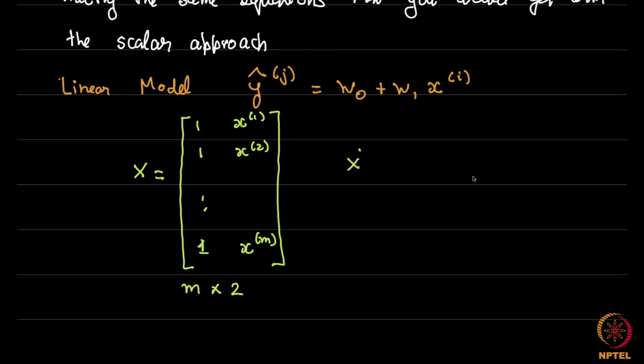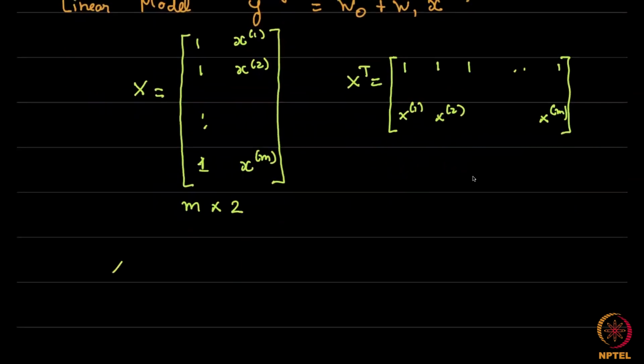What is X transpose? X transpose is, of course, the transpose of this matrix: 1, 1, 1, x1, x2, up to xm. Now, suppose we want X transpose X. X transpose is a 2 cross m matrix, so 2 cross m multiplied by m cross 2 is going to be some 2 cross 2 matrix.